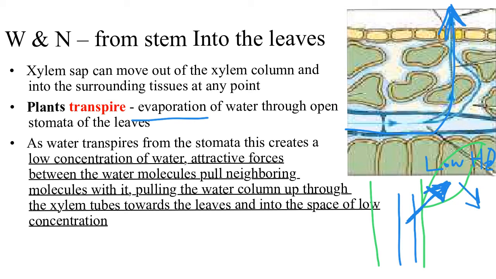And together with that root action at the bottom, so root pressure, and the capillary action forcing water up, and this low concentration, we're going to get water up and out.